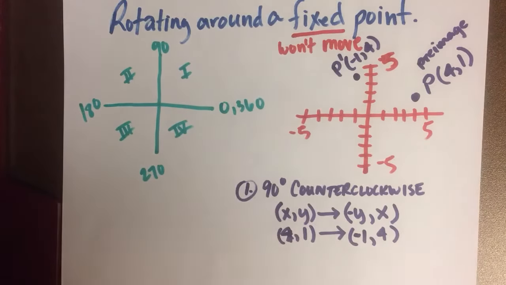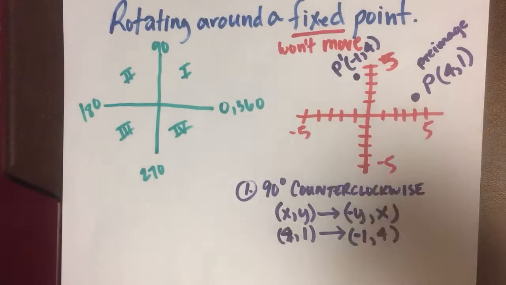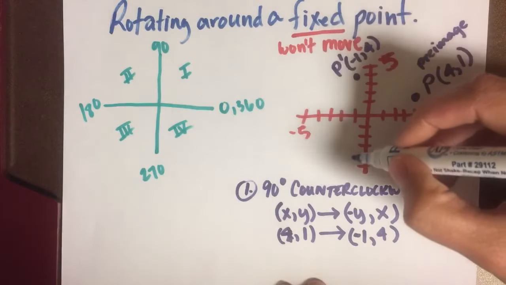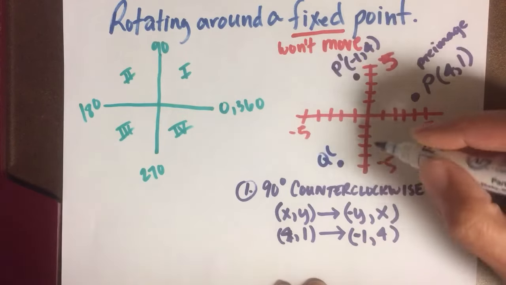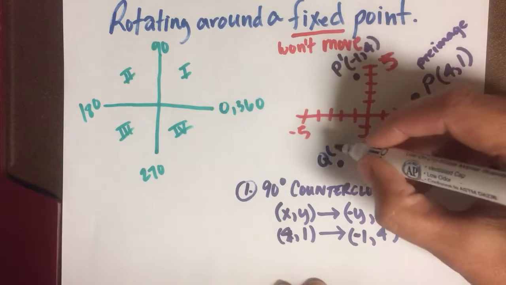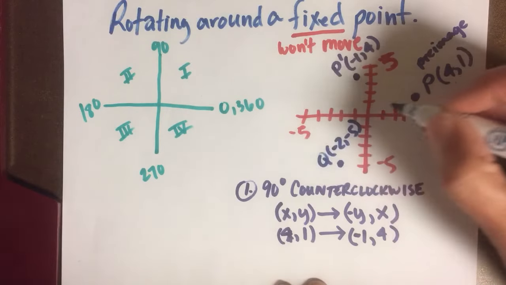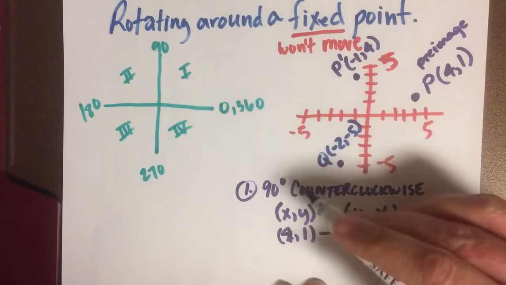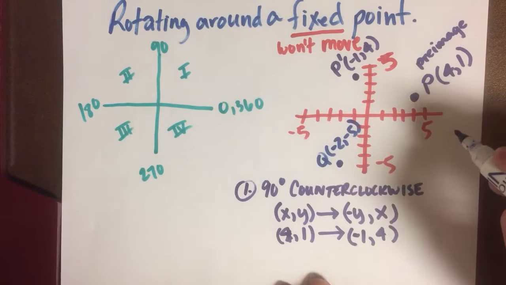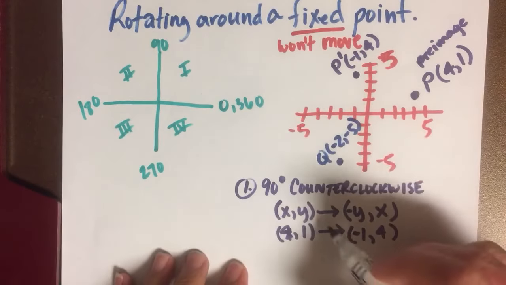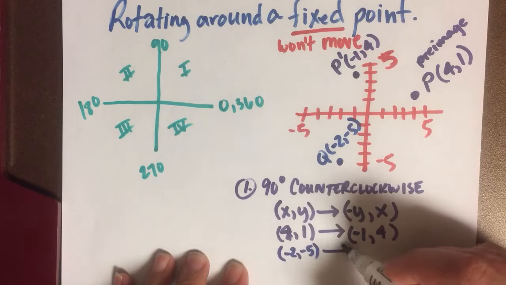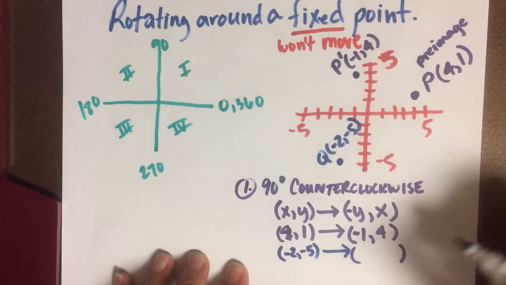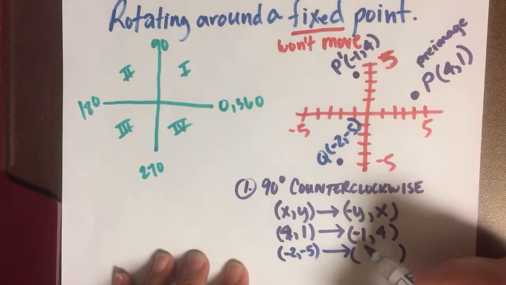So let's pick a different point and do another one. Let's do point Q right here. Q is at -2, -5. If I want to rotate point Q 90 degrees counterclockwise, I'm going to use this format. So when I rotate it 90 degrees counterclockwise, I'm going to switch them.